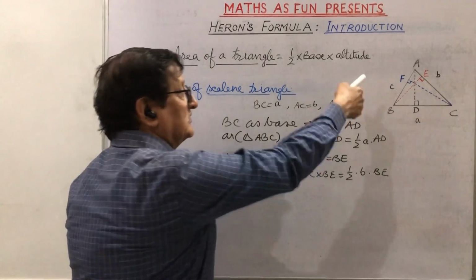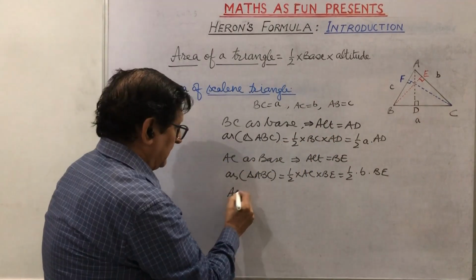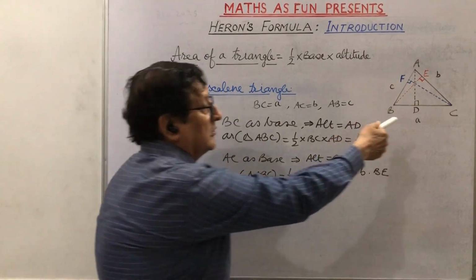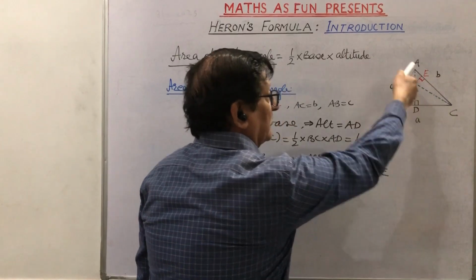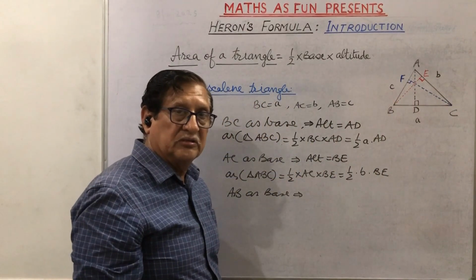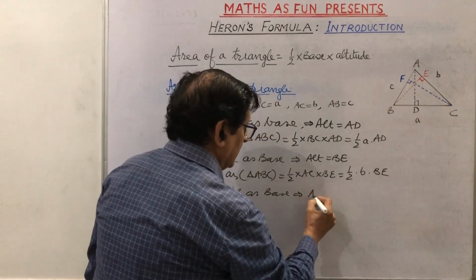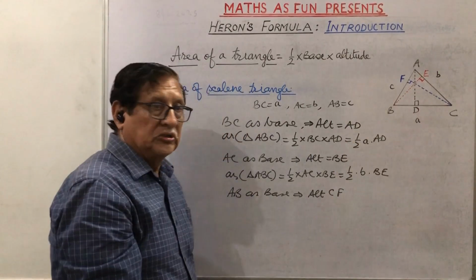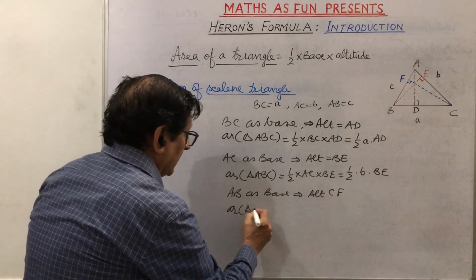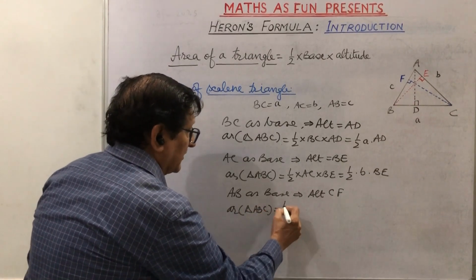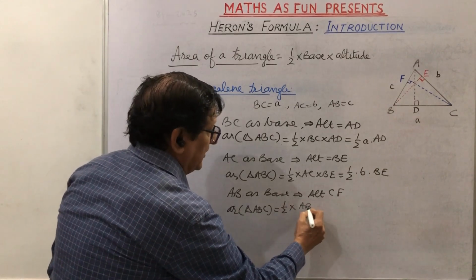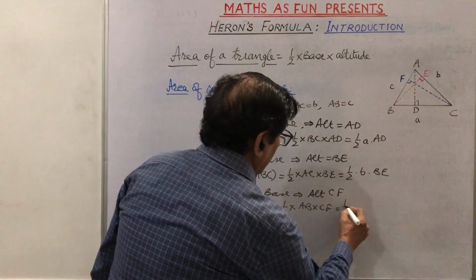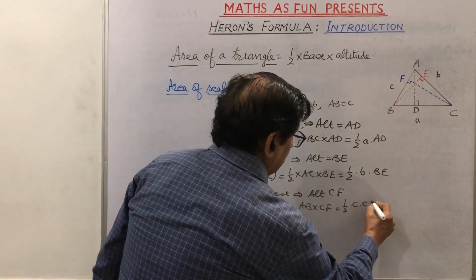In case we consider AB as base, then CF, the perpendicular from C to AB, will be considered as the altitude. So the area of triangle ABC will be given by half into AB into CF, which can be taken as half into C into CF.